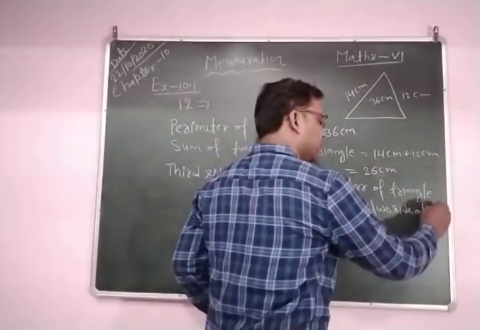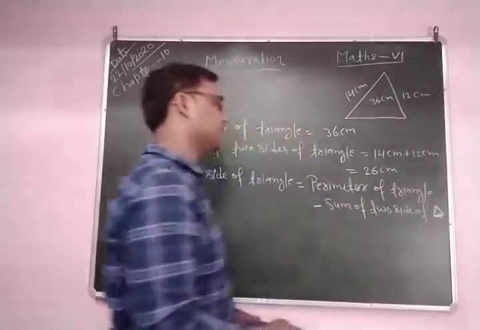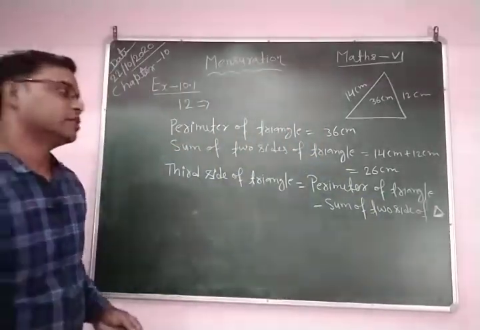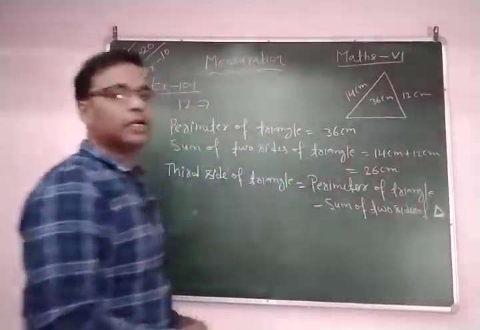Perimeter of the triangle minus sum of two sides of the triangle. Clear?